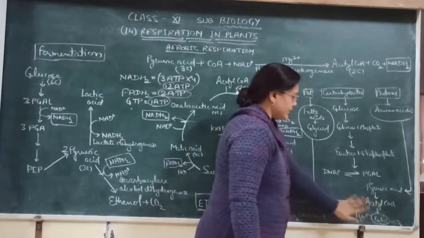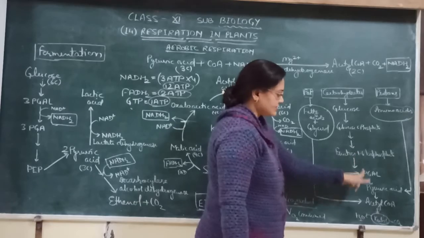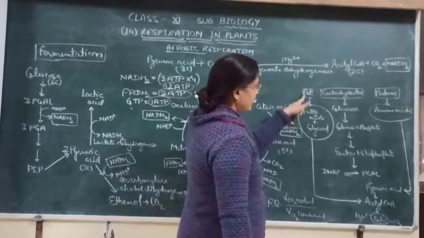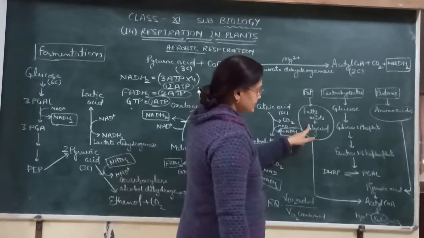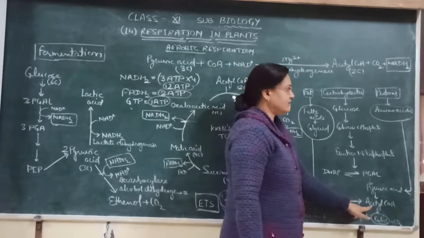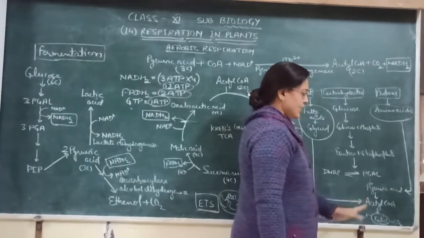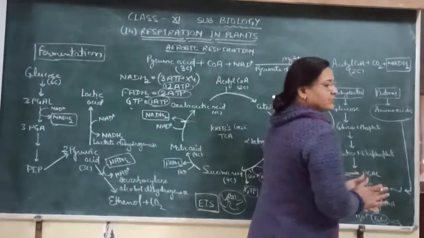So how? Carbohydrate by glycolysis and the Krebs cycle, and fat: fatty acid and glycerol are directly converted into acetyl coenzyme. Like this, amino acids are directly converted into pyruvic acid. Ultimately, they are converted into ATP molecules.